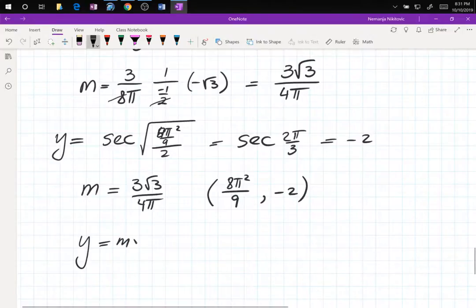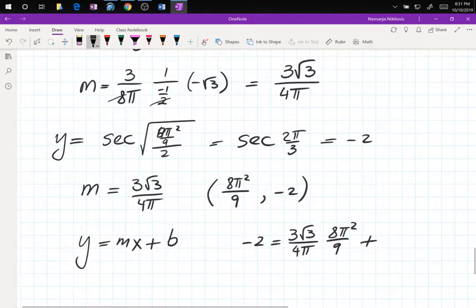y equals mx plus b. Negative 2 is equal to 3 root 3 over 4 pi times 8 pi squared over 9 plus b.